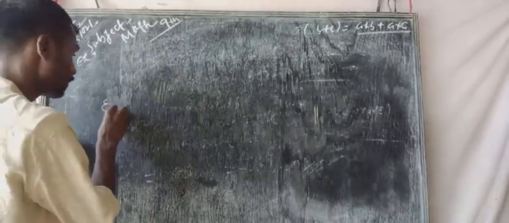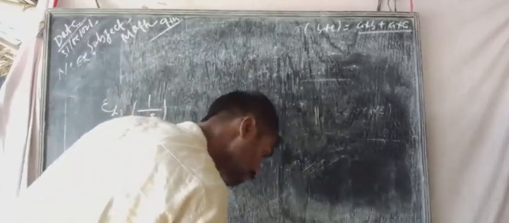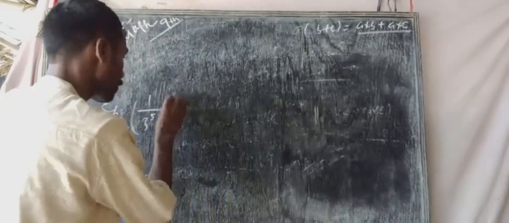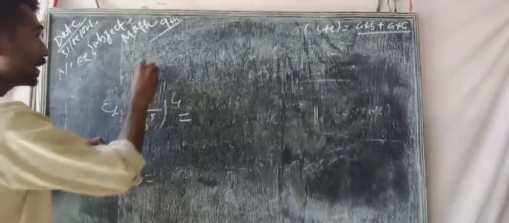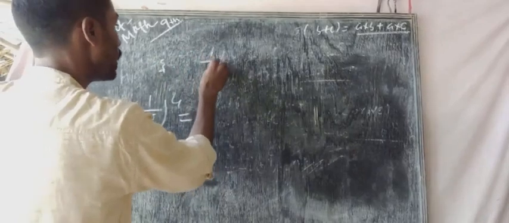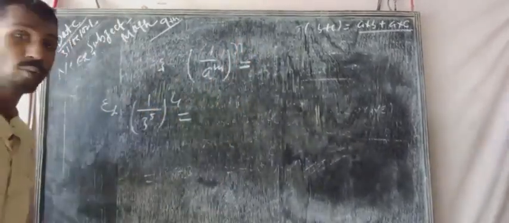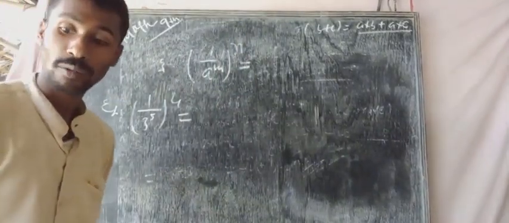Another example. Suppose that 1 by 3 to the power 5 whole power 4. It can be written as 1 by e to the power m whole power n.